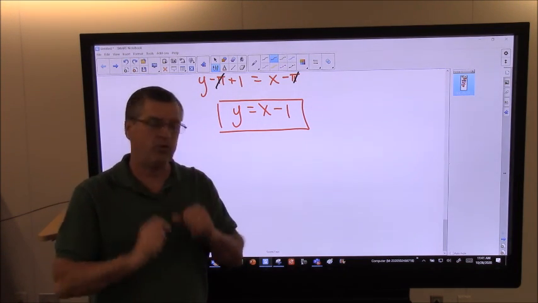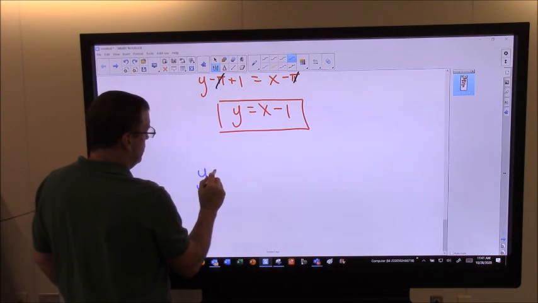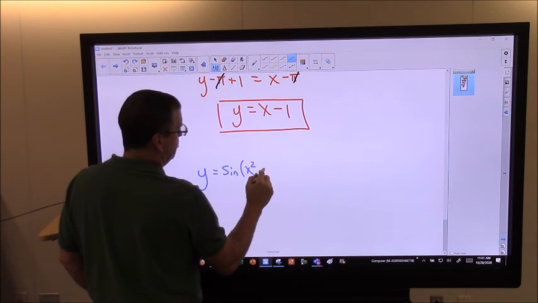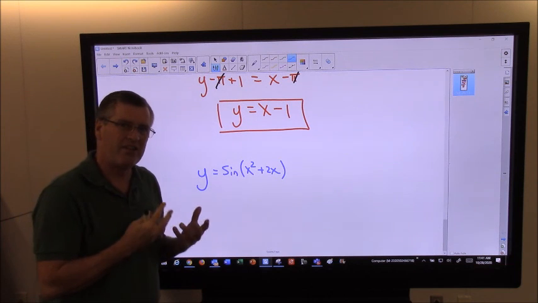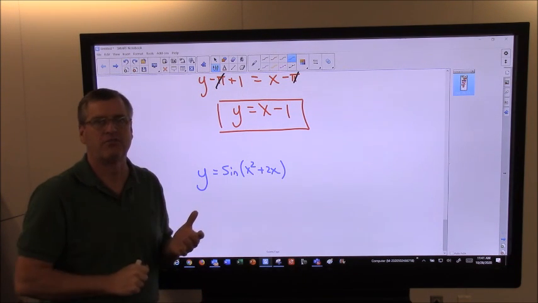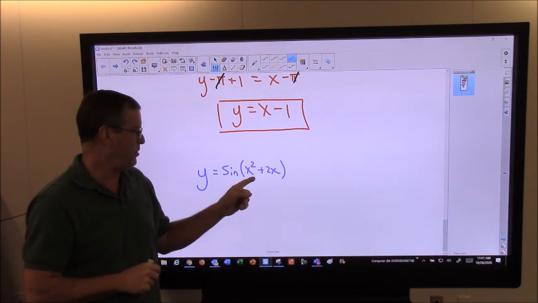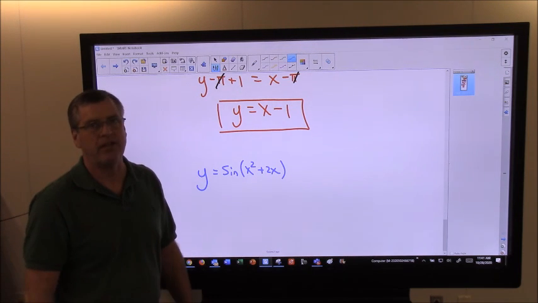To make matters even worse, what if I said this? Y equals the sine of x squared plus 2x. What makes the sine and cosine easy right now is our angle is just x, or just theta. It's just one variable. You put something like this in there, it makes everything more complicated.